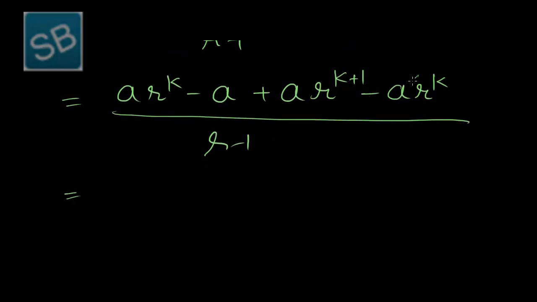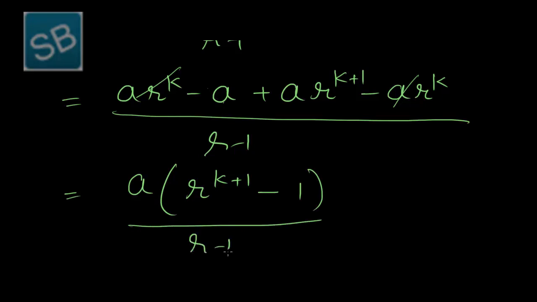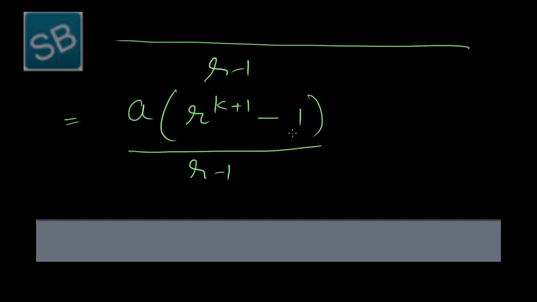That is, this will be cancelled out, they are of opposite signs, and we get a as common, r raised to power k plus 1 minus 1 as a is common over r minus 1. If we see, this is equal to right hand side.